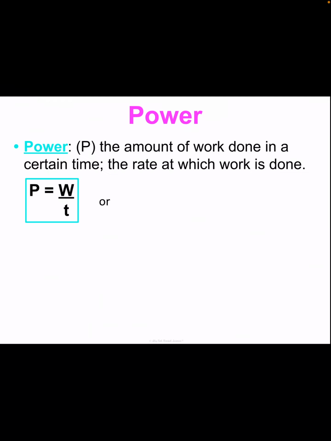Now, basically what you're doing is you're substituting F and D in for work, which we just learned about, right? So F times D stands for work. You can sub that in here and it'll look like this, okay? So these two equations are the same thing. You're just substituting force and distance in for work. So go ahead and write that one down as well.